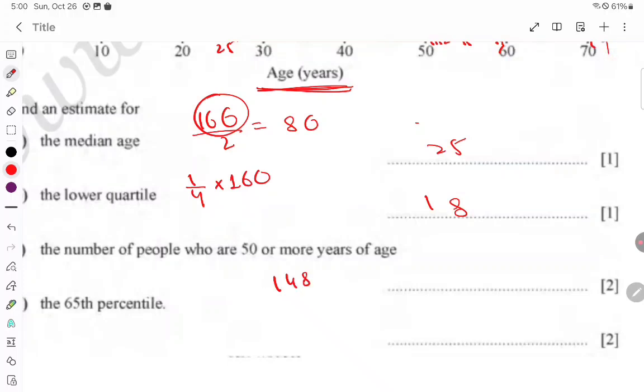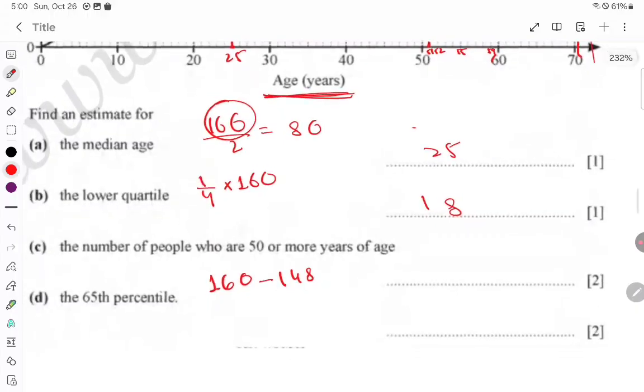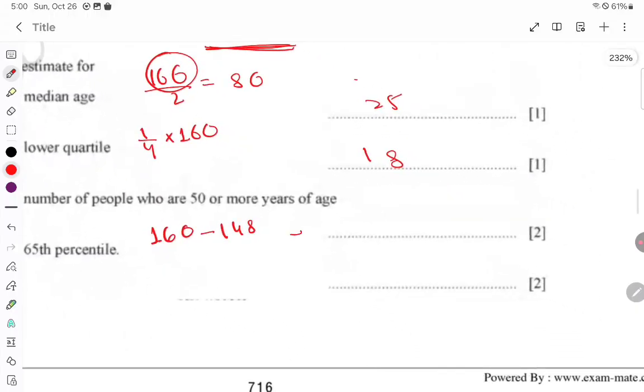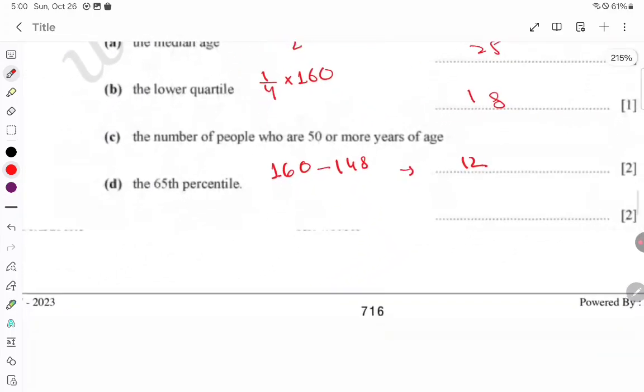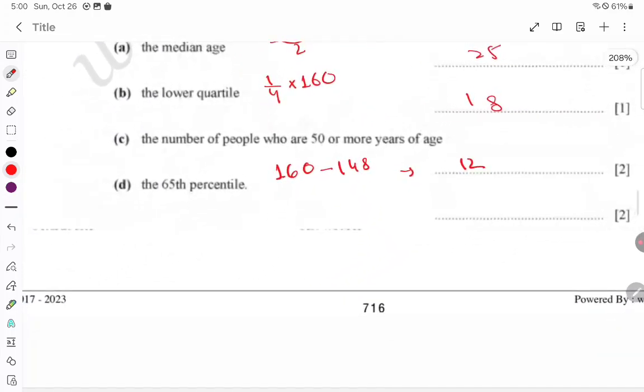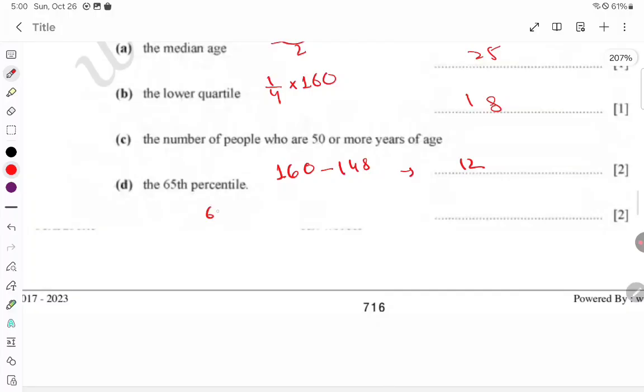second point, and minus the total cumulative frequency, and we get our answer of 12. Now for the 65th percentile, what we do for percentile 65 is multiply by the total number, which is 160 cumulative frequency, and divide by 100 for the percentile.